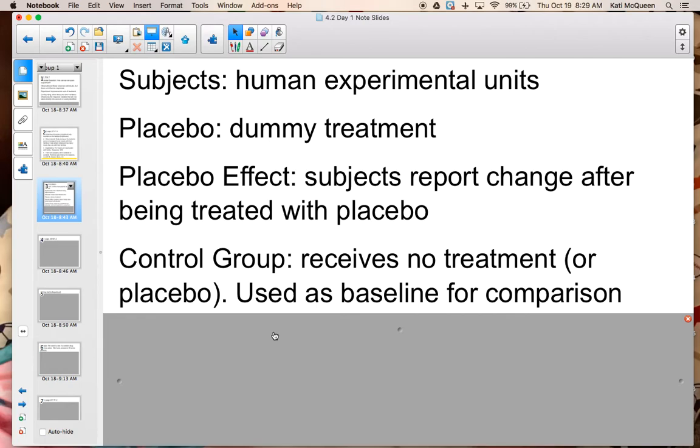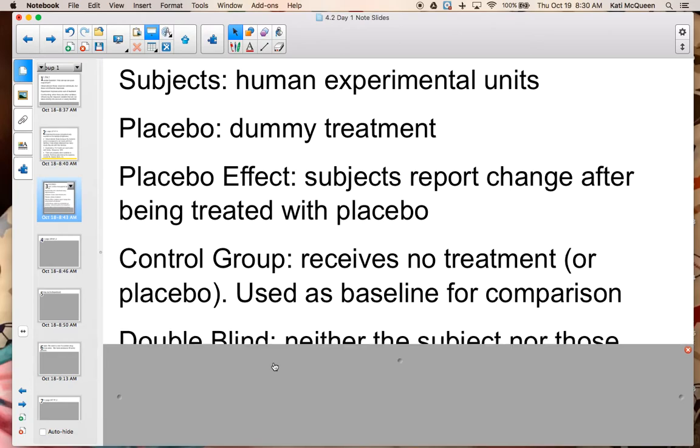So I'm going to split them in 2 groups, give one actual medicine, give the other a placebo, and say I reassess after 4 hours. Well, sometimes just the fact that time has passed is going to change things. Maybe just time passing has helped that person's headache. So we need to be able to compare to that. So has the fact that time passed affected whatever response variable we're measuring, or is it actually the treatment?